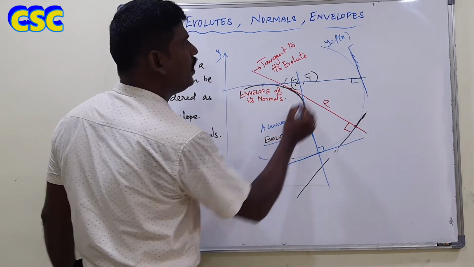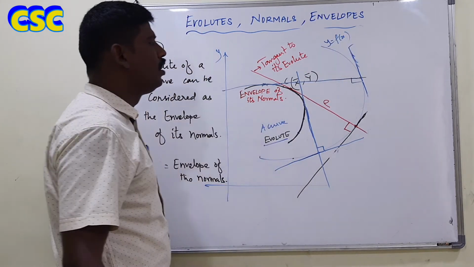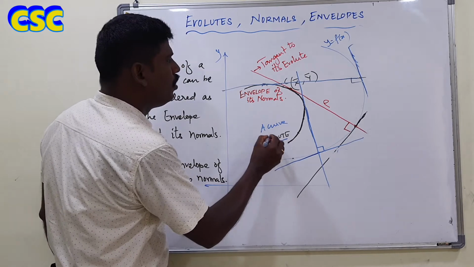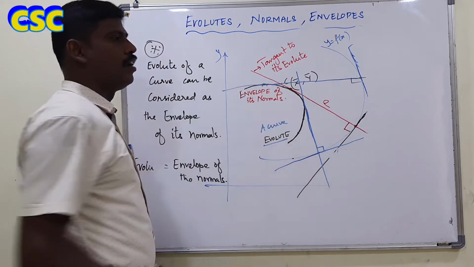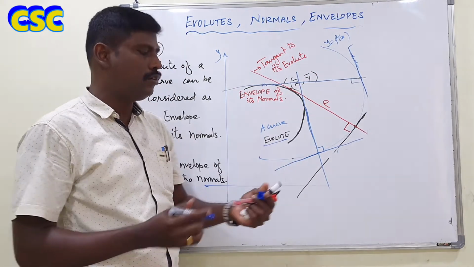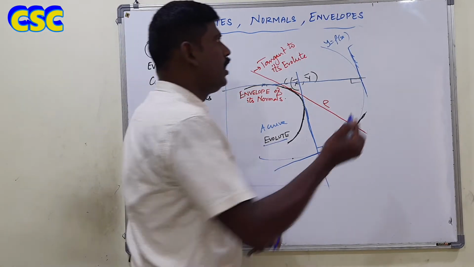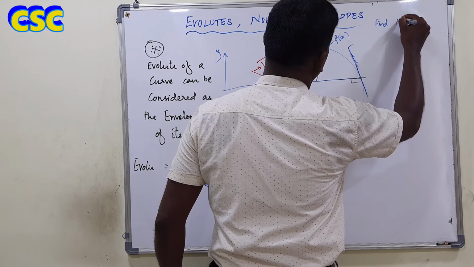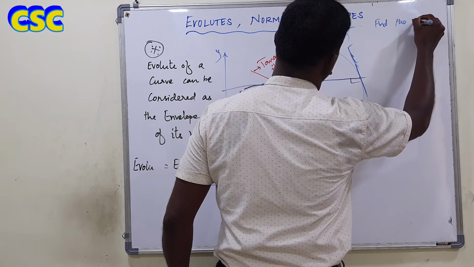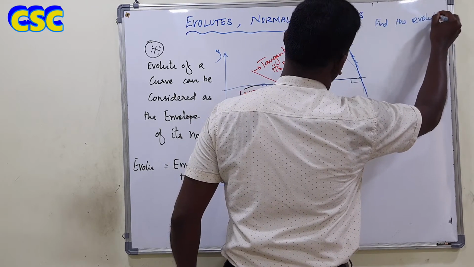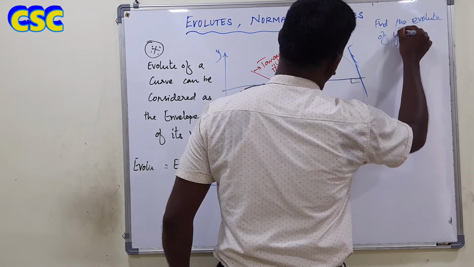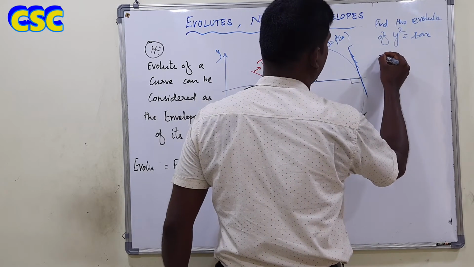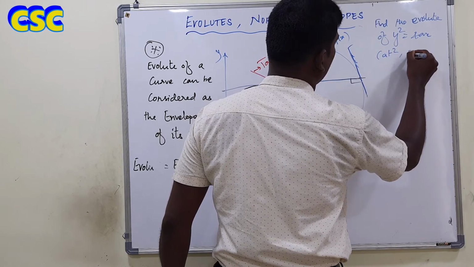Already we know how to find the evolute through y equal to f of x, isn't it? Now I am going to find the same evolute through the envelope of its normals. That's all. So what is the difference between the two? In the previous session, I already found the evolute of y square is equal to 4x. Okay, right? I wrote the parametric form at square comma 2at.